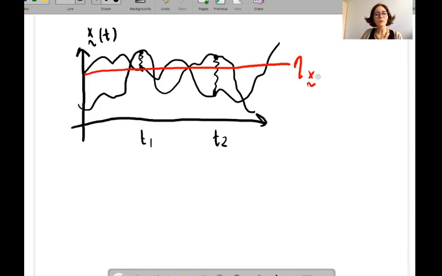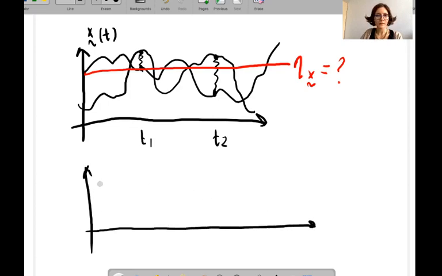So what you would like to first do is find this mean value, the mean of the random process. But then how can you do that if you have only a single realization of your random process? So let's say the only thing you have is this. Somebody gives you a single realization of your random process.